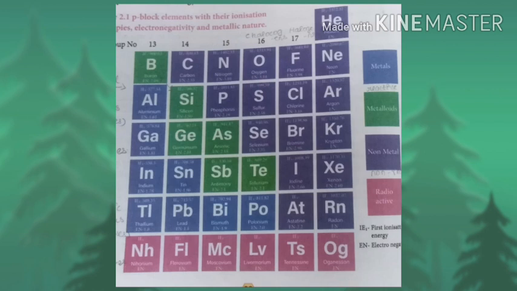The main thing to keep in mind: if the ionization energy decreases, its metallic character increases. So when you move from boron to thallium, boron is the only element which is a metalloid. Therefore, it is mentioned in green color. The remaining elements, aluminium, gallium, indium and thallium, are all metals.